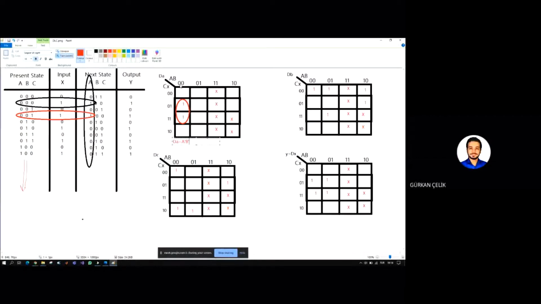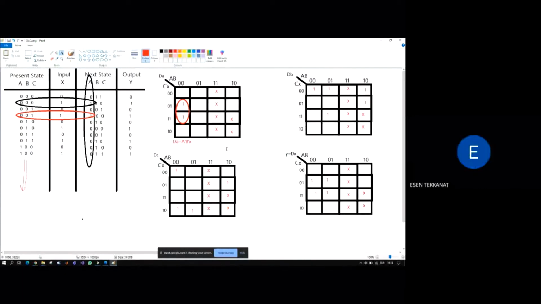Yes, it should be X, because for these two rows, what does not change? This is the problem. You need to find which variable doesn't change, which is X over here. So it should be X. You understand now, right? Yes, I guess. Okay.